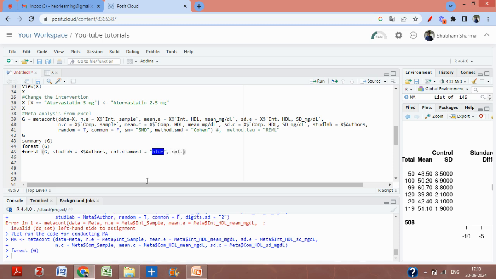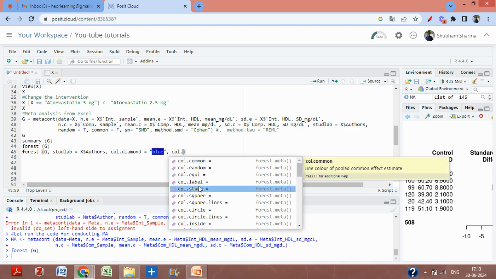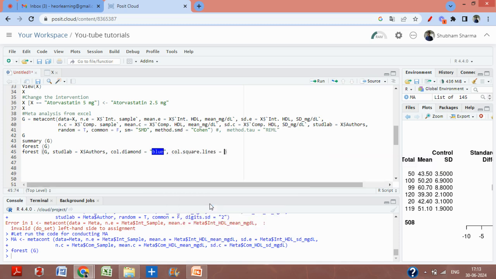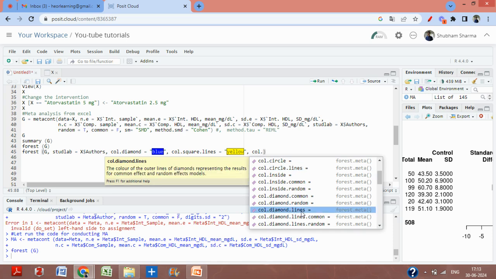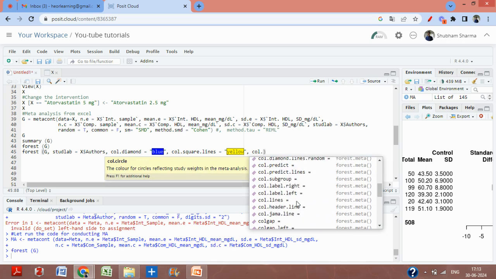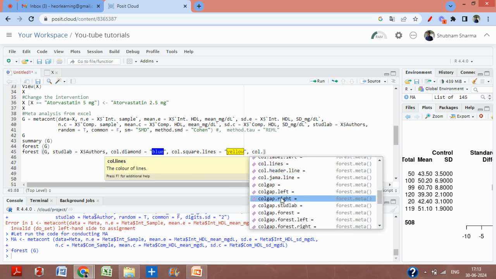Then col.square.lines, let's put yellow, and one more thing, col dot. Leave it, you can explore. There are a lot of options to color it.